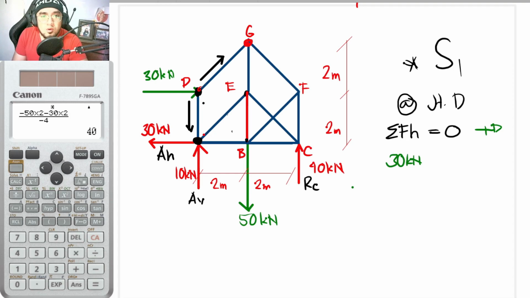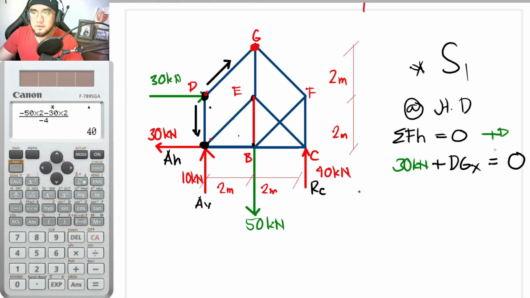What other horizontal force do we have? We have this DG here, but we must get its X component first. So plus DGX, which indicates the X component. Do we still have other horizontal forces? Not any longer, so this is now equal to 0.